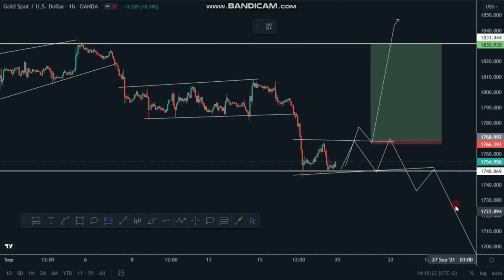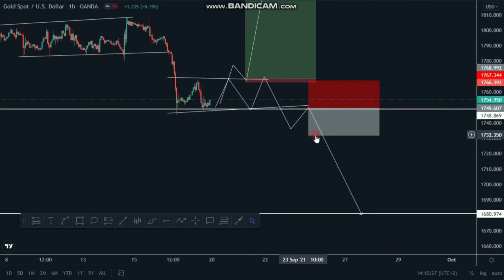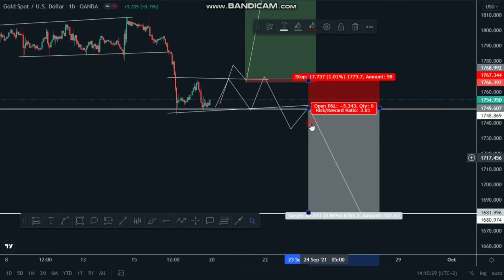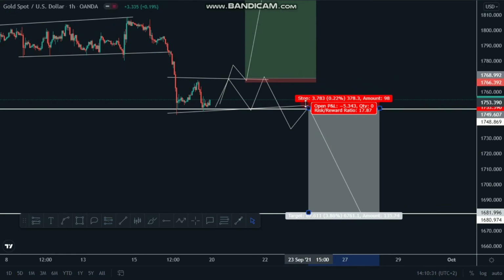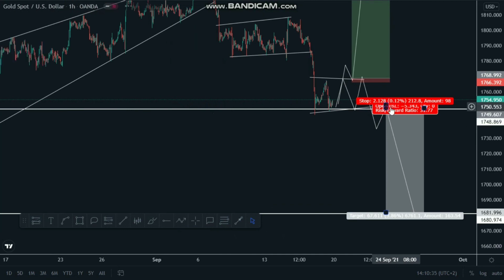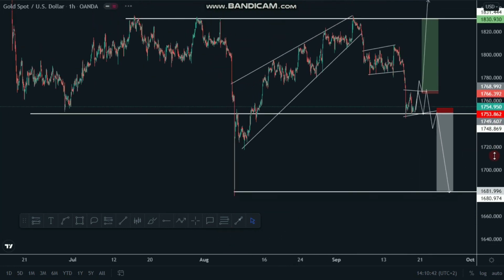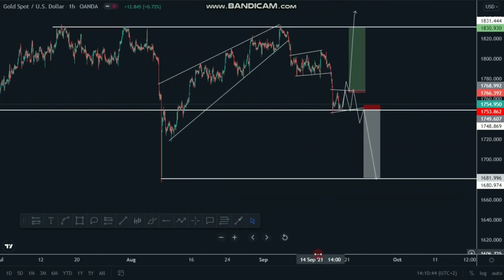Then we're going to have our selling opportunities right here. So these are possibilities of how gold can move. This is what we're expecting. Thank you.